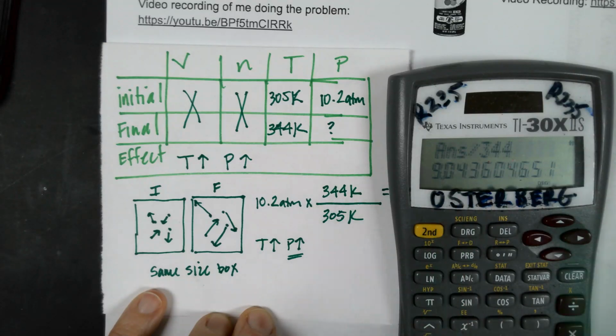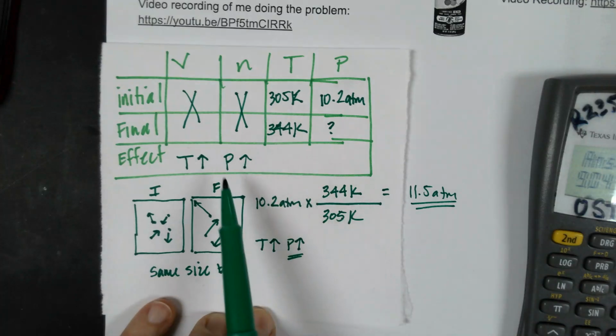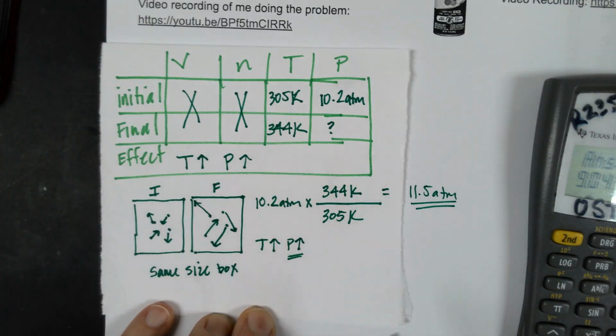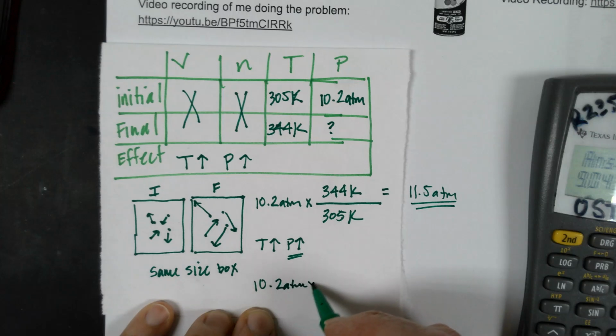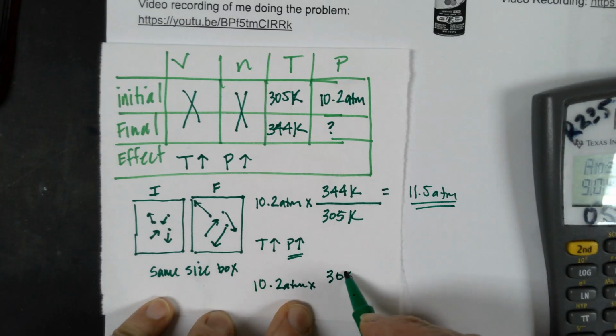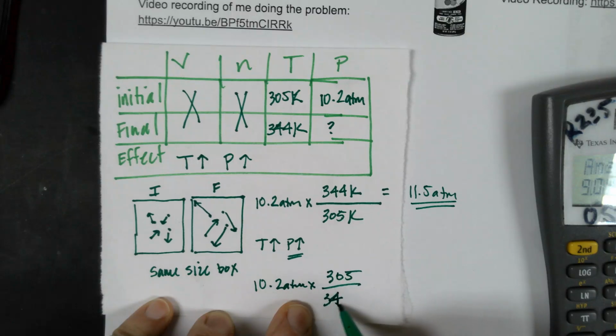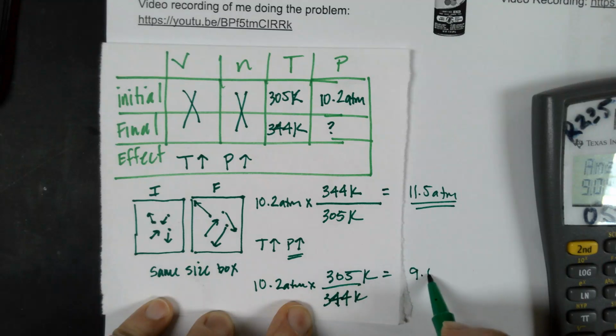It would have been 9.04. So you should have known that that's not true. Okay, that's not true. So what I was doing here is you take 10.2 atm. If you take it 305 over 344, like this, you would have gotten 9.04 atm.